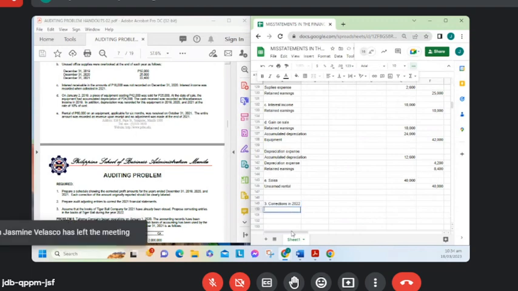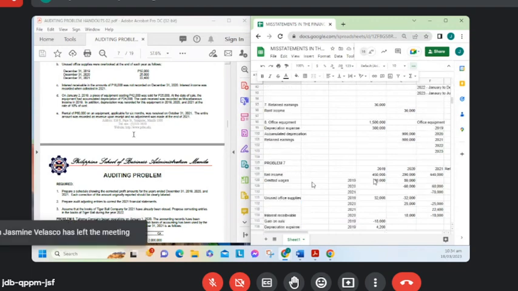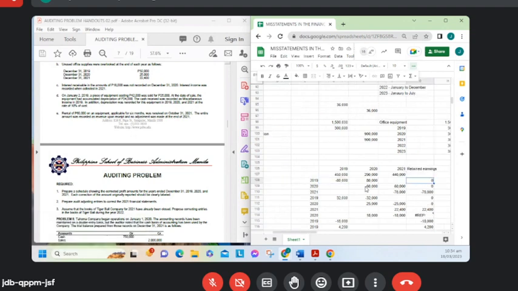What will be the correcting entries? If we go back here, only some of these will have an impact. So 2019 and 2020, no more effect, right? They are counterbalanced. Only the 2021 commission of salaries or wages.